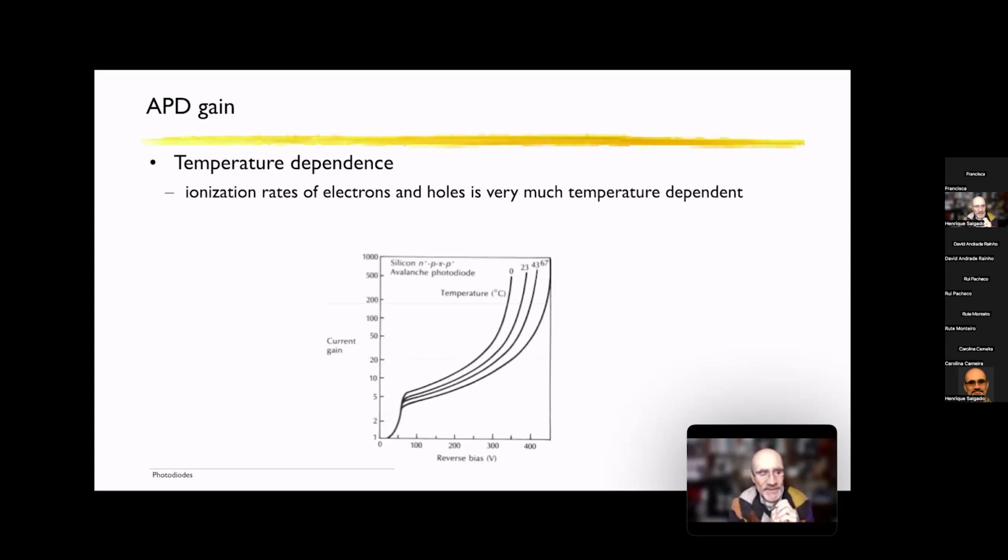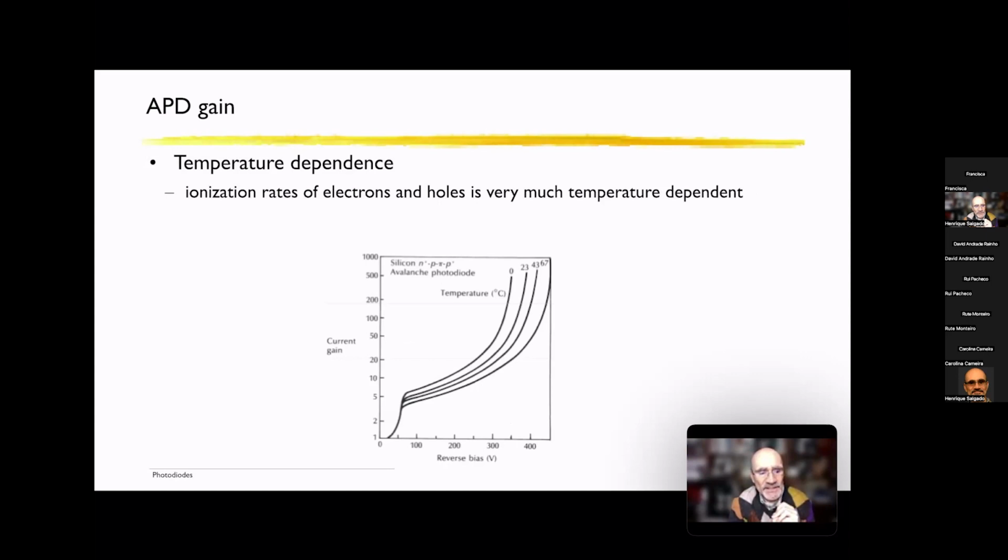The reverse voltage required in these photodiodes is quite high, can reach hundreds of volts, although the current is very small, and so the power dissipation is not that high, but still there are some disadvantages in the fact that you need to operate the device at a large reverse bias.